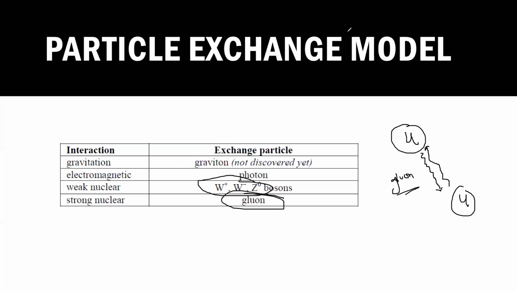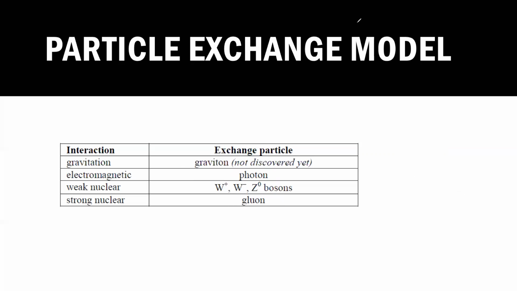Is it clear? The force that exists between the particles, between the charges, between the masses is due to the exchange of a particle. If it's a gravitational force, it's a graviton. If electromagnetic force, then photon. If it's a weak nuclear force, it can be W and Z bosons.